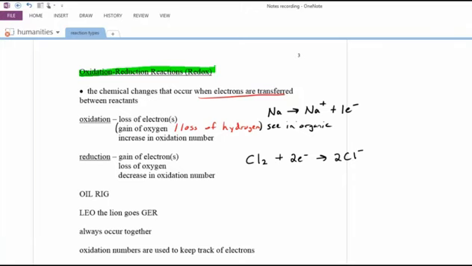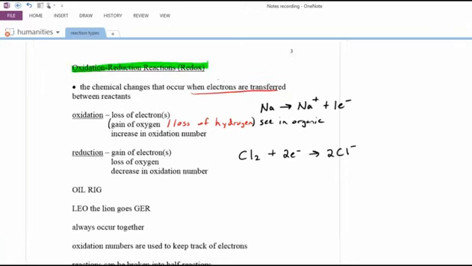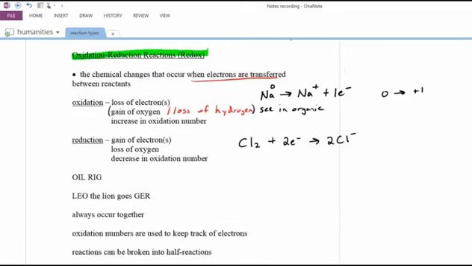Notice oxidation, we had an increase in oxidation number. An uncombined element has an oxidation number of 0, so it goes from 0 to +1. Reduction, we had a decrease. We go from 0 to -1.